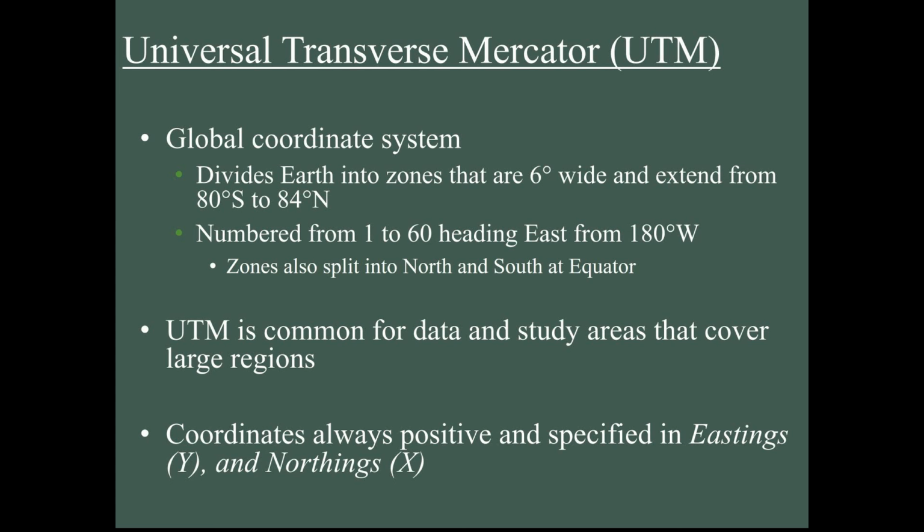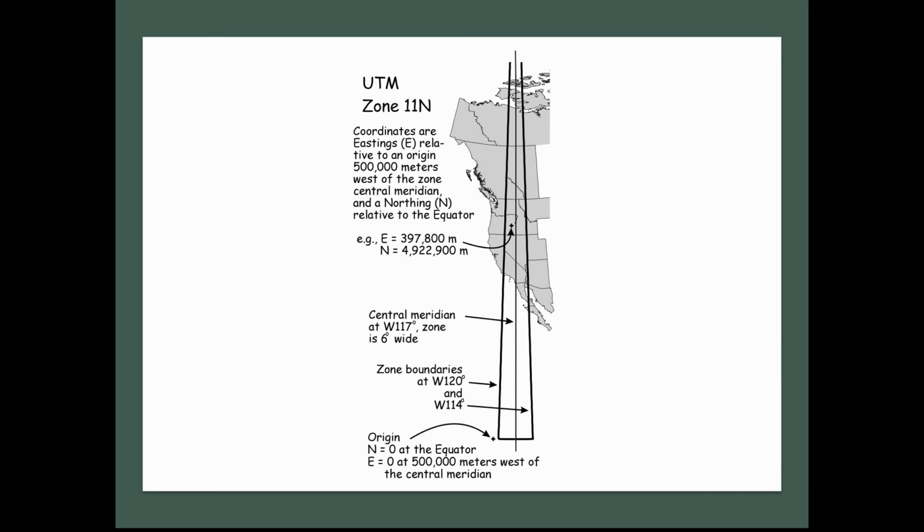It's important to note that coordinates are always positive and specified in eastings, which is the vertical axis, and northings, which is the horizontal axis. So the UTM system specifies a unique transverse Mercator projection for each UTM zone.